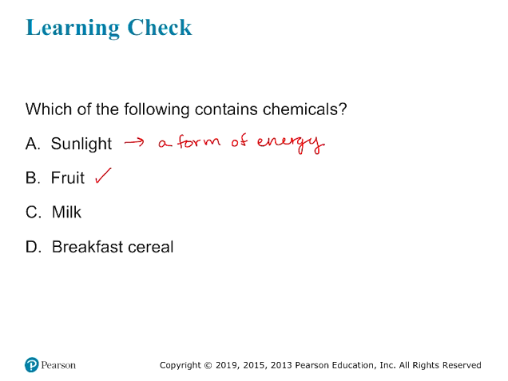It's also a type of matter, so matter does contain chemicals. What about milk? Yes, milk does contain chemicals. And what about breakfast cereal? Yes, breakfast cereal does contain chemicals. It has sugar, carbohydrates, etc.